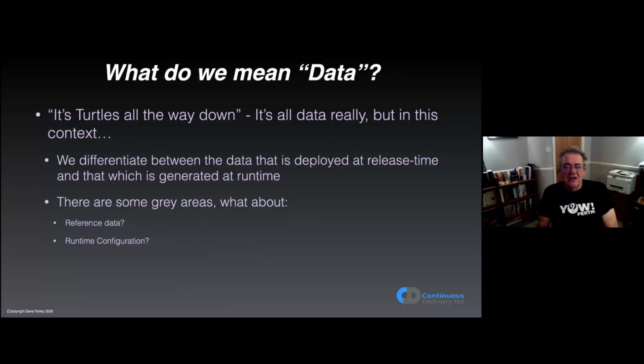The first class is probably slightly easier to understand. We've got ideas like continuous integration, infrastructure as code, good configuration management, those sorts of ideas. But the other stuff is a bit more challenging. And then there are some grey areas. There's also stuff like reference data and runtime configuration. So I want to talk about all of those to some degree.